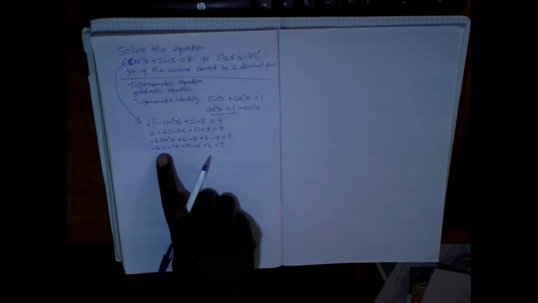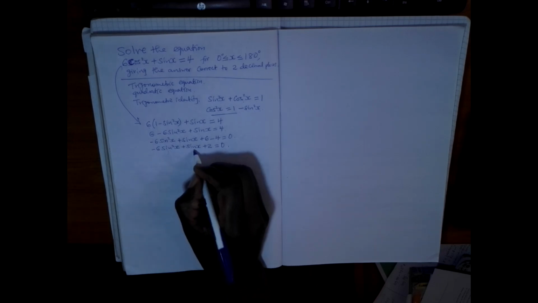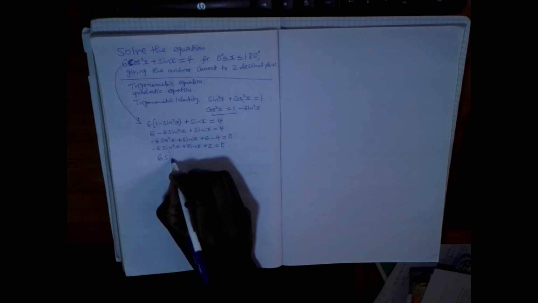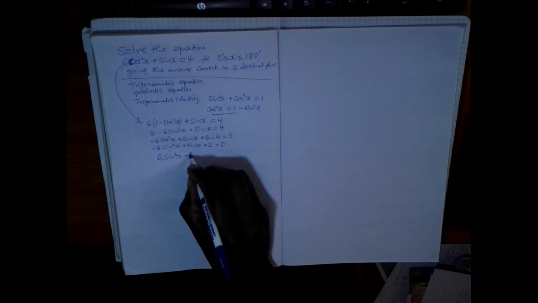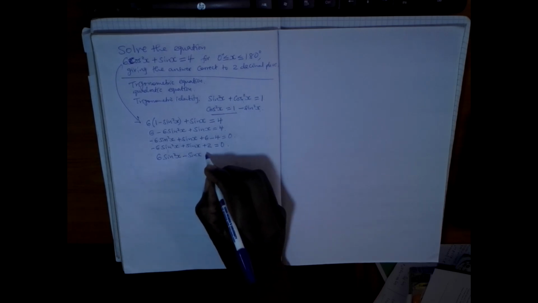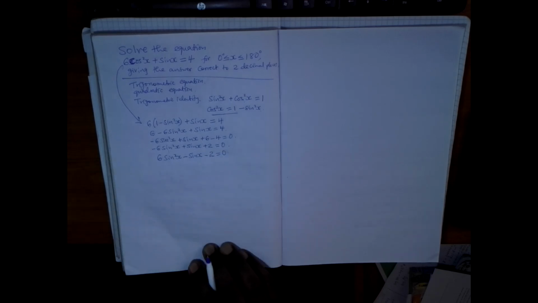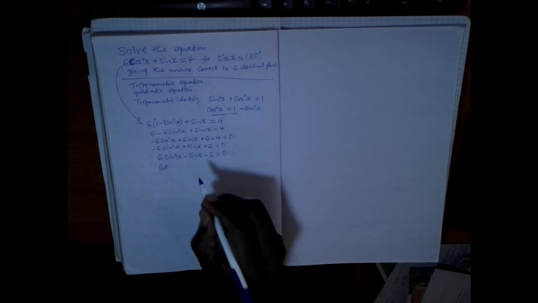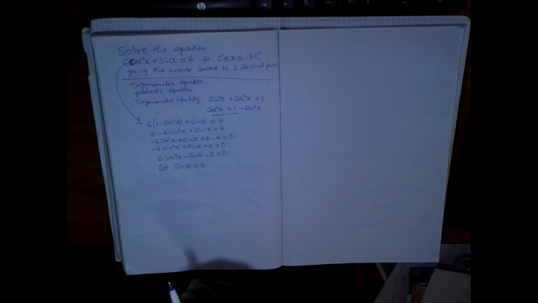I can multiply each term by minus 1 so that I make this positive. So this will be 6 sine x squared minus sine x minus 2 is equal to 0. Let sine x equal a value a.